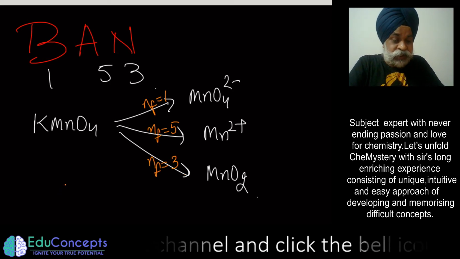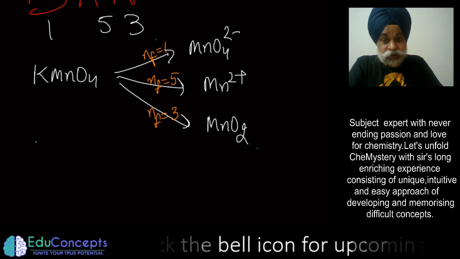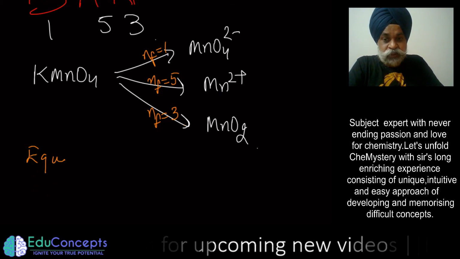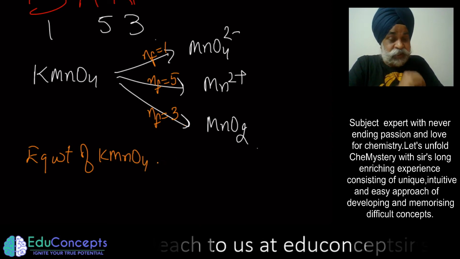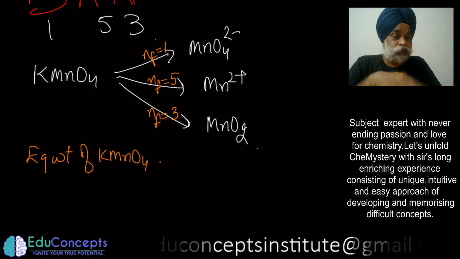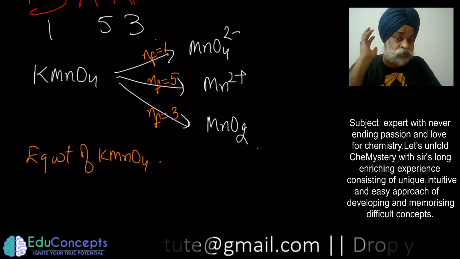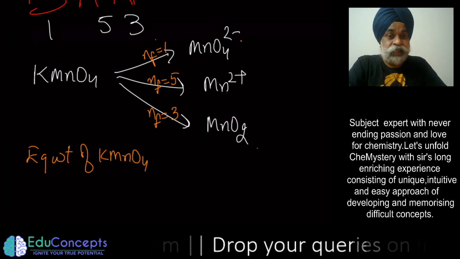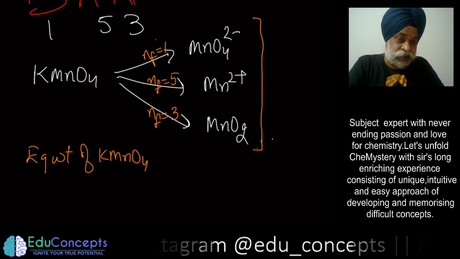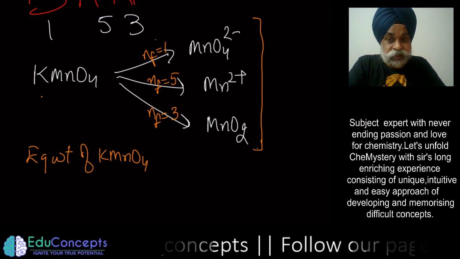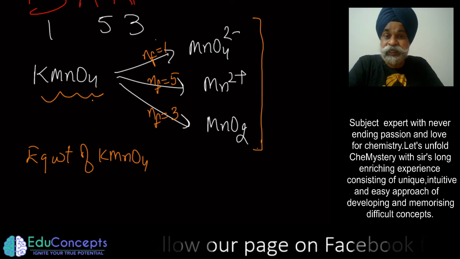Now you can see that in the equivalent concept, wherever you are going to use it, equivalent weight of KMnO4, if somebody asks you the n factor of KMnO4, you cannot answer it until you see the reaction. And this is in your syllabus. If you are competing for IIT Advanced, JEE Mains or NEET examination, this compound is in the syllabus.